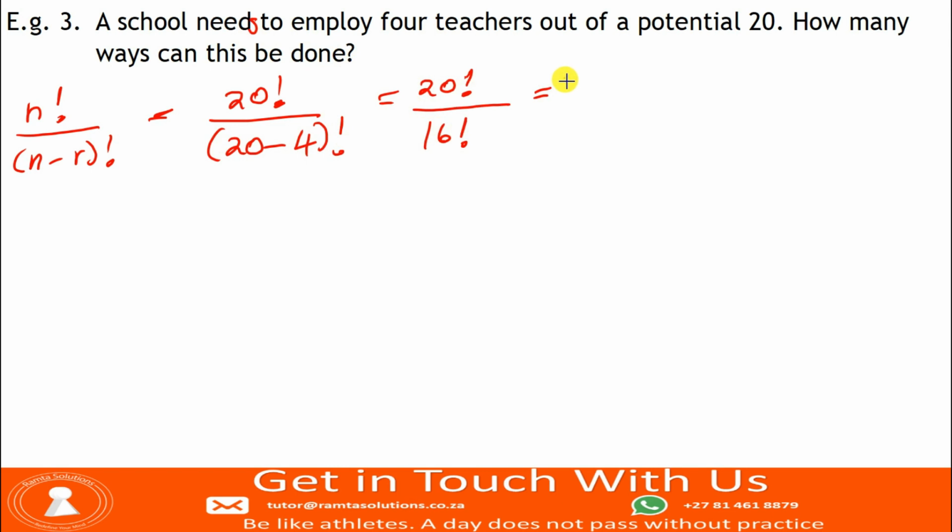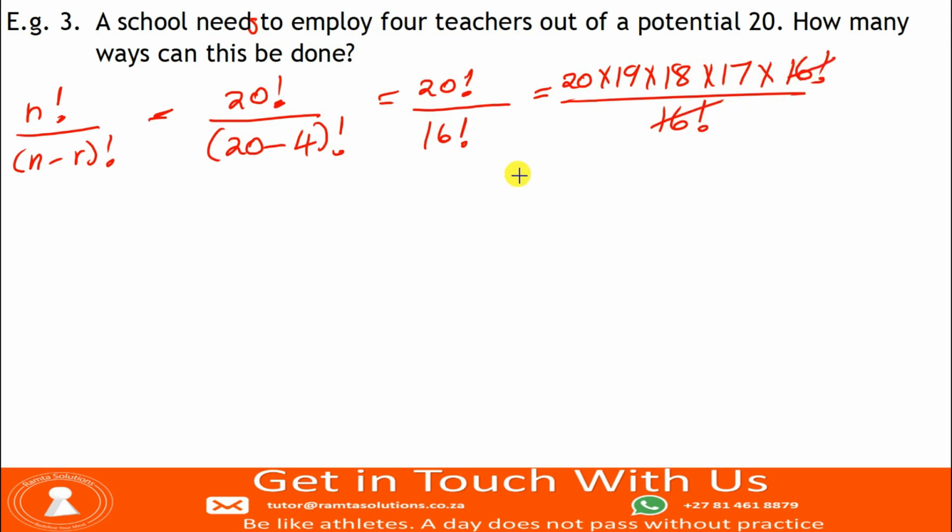This is, just press your calculator, please. But if you like, you can say 20 times 19 times 18 times 17 times 16 factorial, because the denominator is 16 factorial, and these will cancel. So what's your answer?